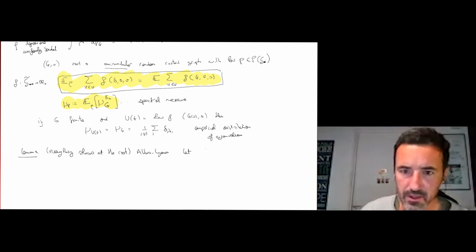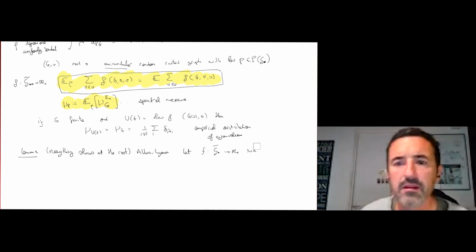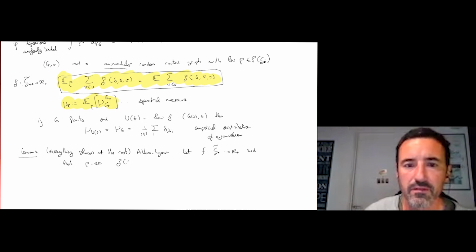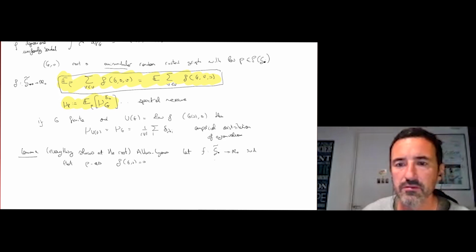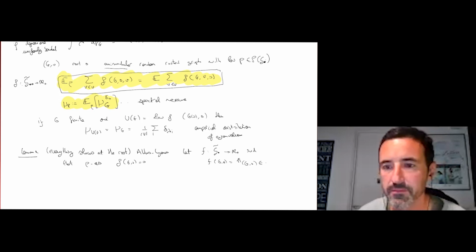Take a measurable function f on rooted graphs to R plus, such that rho almost surely f of (G, o) is 0. For example, f of (G, v) is an indicator that (G, v) belongs to some Borel set for the topology.